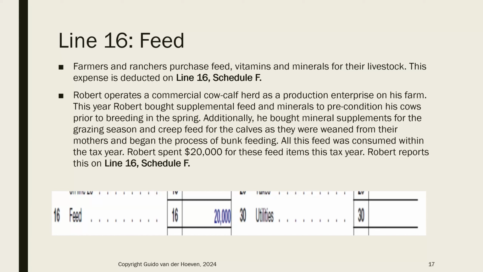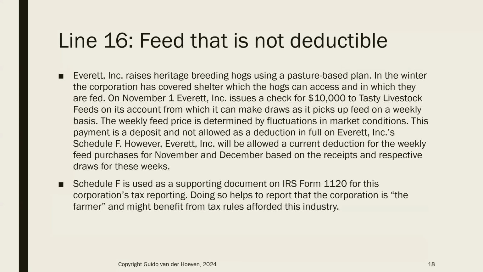So you're going to have the poultry feed, but you're also going to have the guard dog feed, combined as a business expense, and you would deduct it on line 16. If that individual is on the call tonight, I hope that is something they might want to think about.